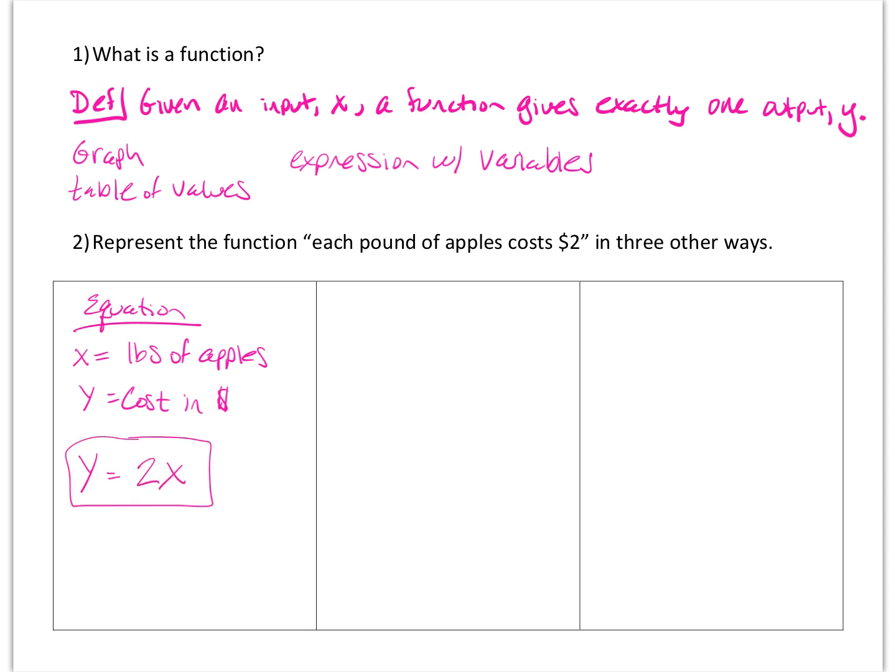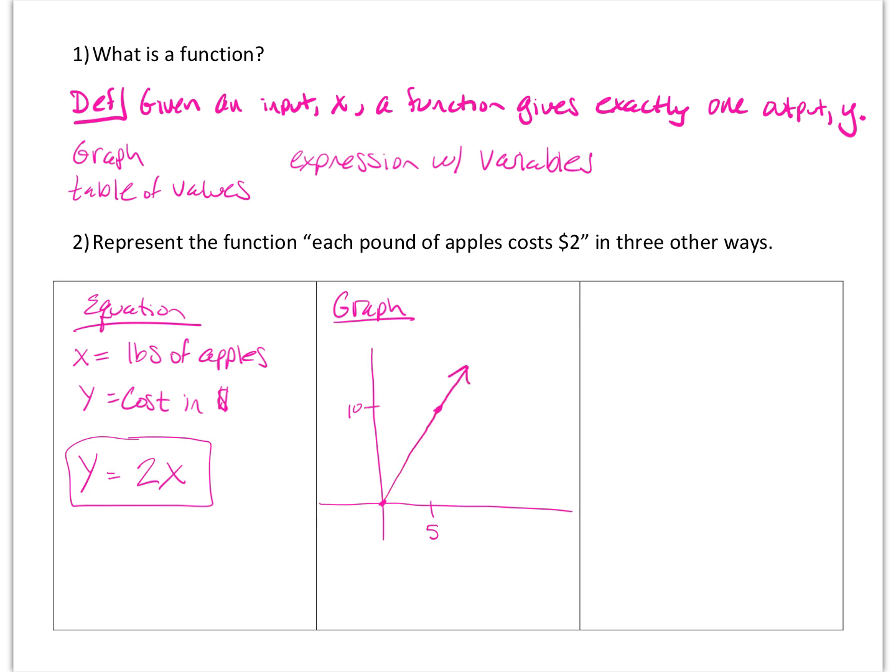So it's one way of representing that relationship, that functional relationship between number of pounds and the cost of the apples. We could draw a graph of this situation. We know that, say, 5 pounds of apples would cost $10, 0 pounds would cost $0, and this is a line like that.